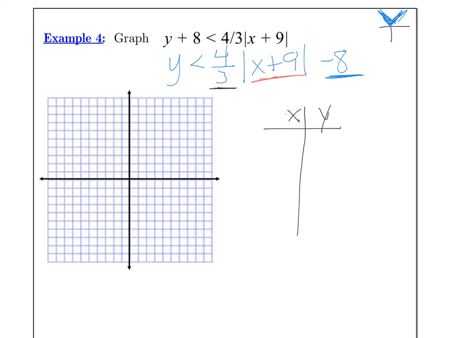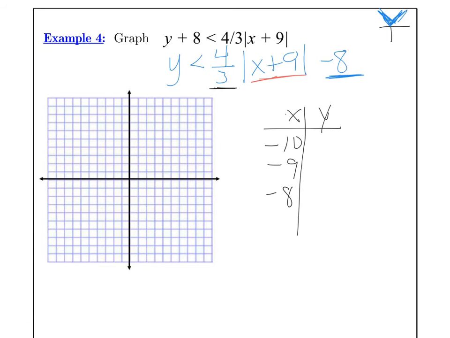So if I wanted to plug in negative 1, instead I'd shift it left 9, so I'd plug in negative 10. And if I wanted to plug in 0, I'd shift that left 9, so I'd plug in, sorry, negative 9. And if I wanted to plug in positive 1, I'd shift that over 9 units to the left. So that's really negative 8.